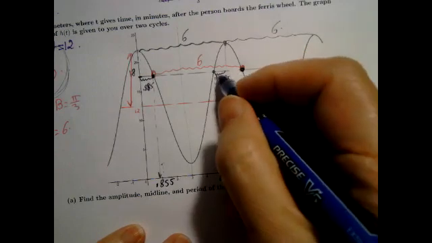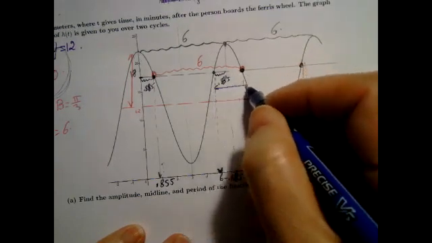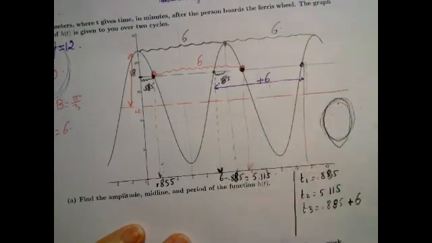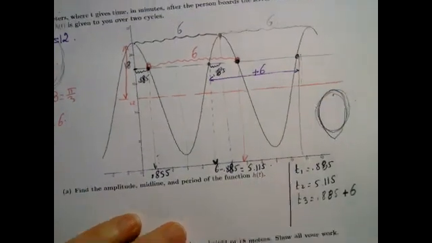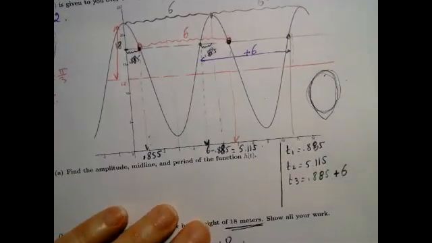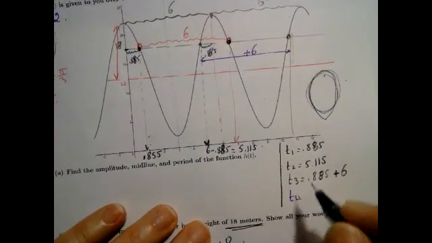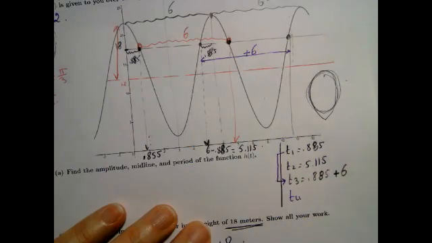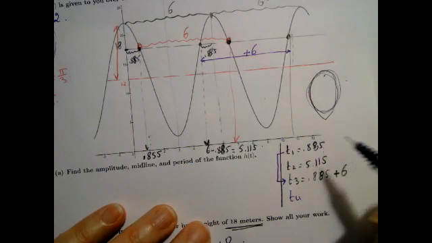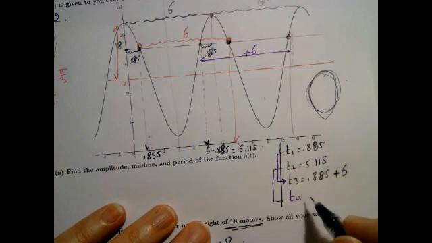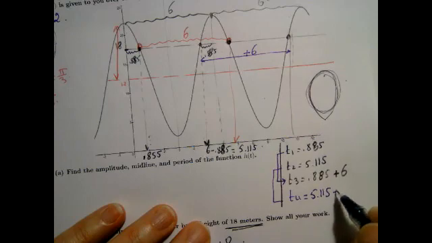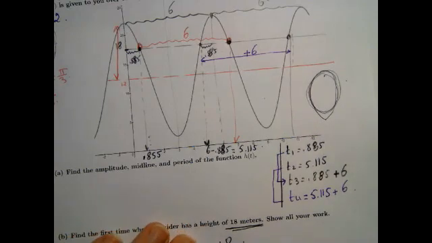This is going to be this one, and you add 6 to it. You're adding a period to that. So basically what you're doing is, again, this last value. You start with T1 and you add 6 to it. You're back where you were. You take T2 and you add 6 to it, and you are back where you were. So those are all the values that you have. Okay.